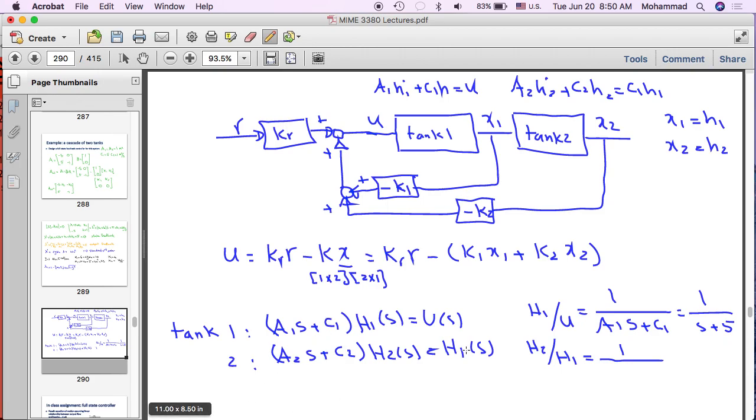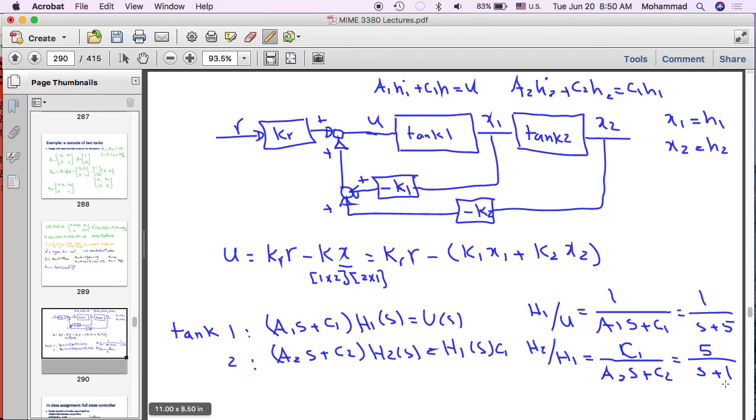So I'm going to write it right here. C1 should be multiplied by H1. So therefore, this is actually C1 over A2S plus C2. If we substitute the numerical values, this is 5 over S plus 1.